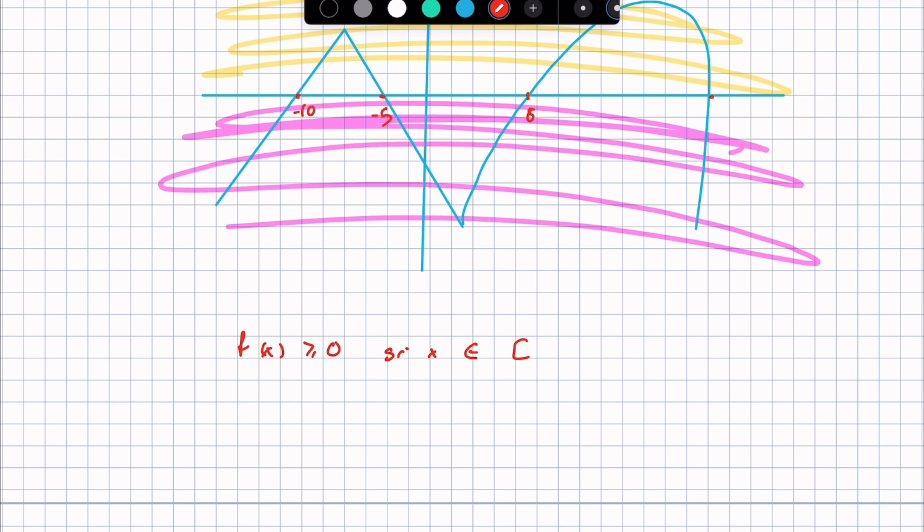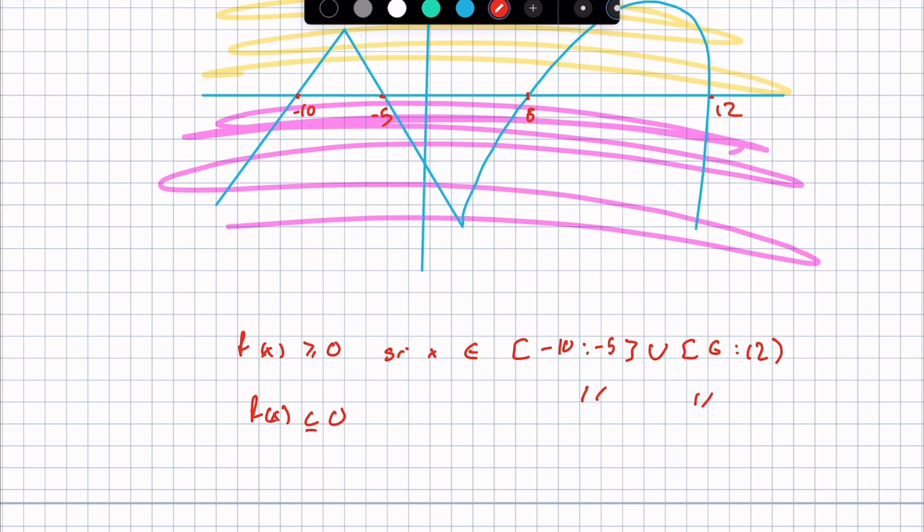So quand le f de x est supérieur à 0, so that means positive. So positive is 10 to minus 5. Enumération to 6 to 12. And basically it's the same thing, but f de x est inférieur à 0 si x est élément 2.